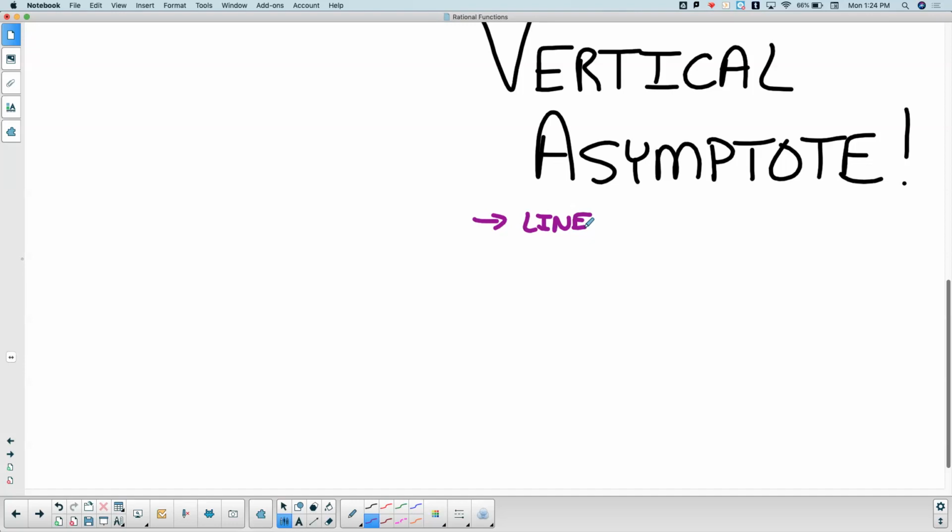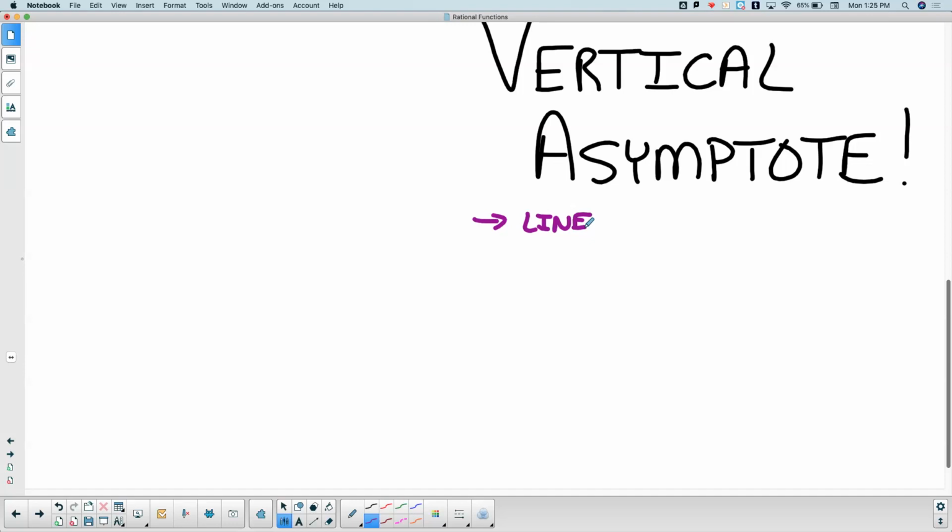Lines are equations. In this case, vertical lines are x equals some number. So if I ask you for what the vertical asymptote is, you need to say x equals 2. If you just tell me 2, you are wrong, and you are going to need to fix it. You're going to need to watch the video to figure out what that's all about.